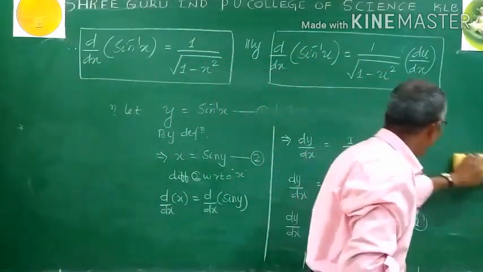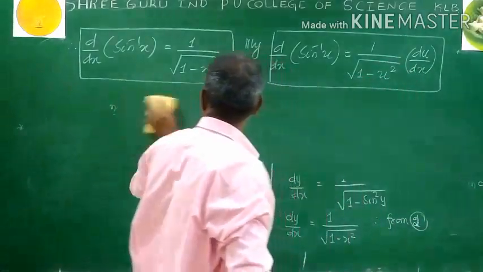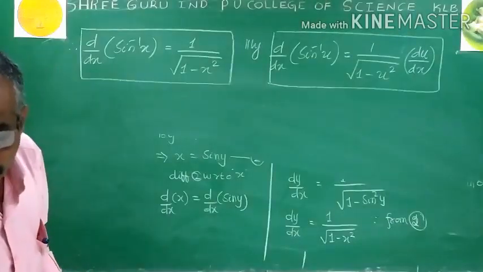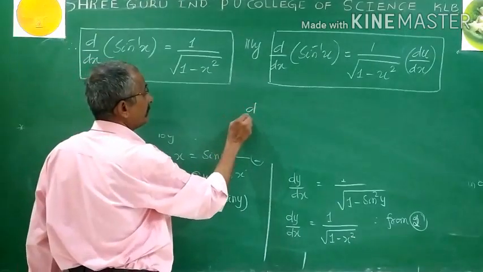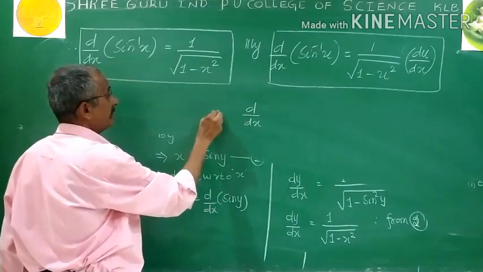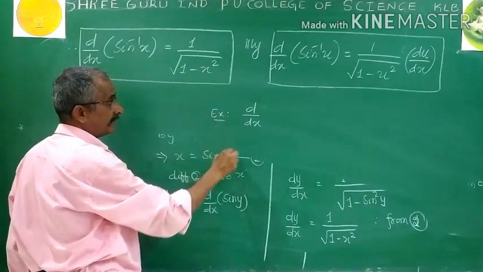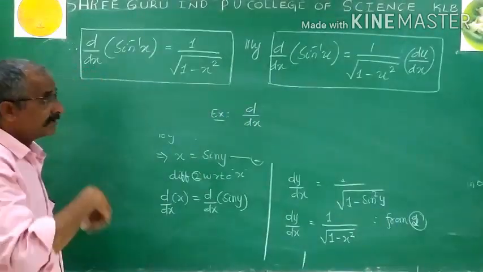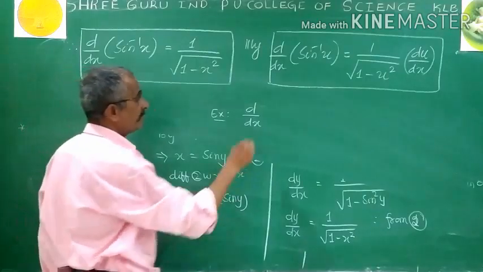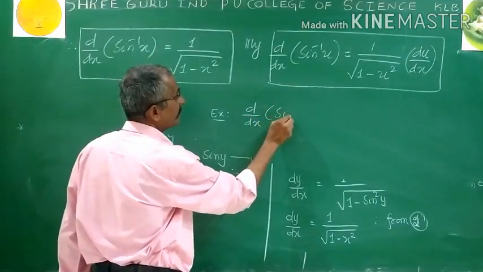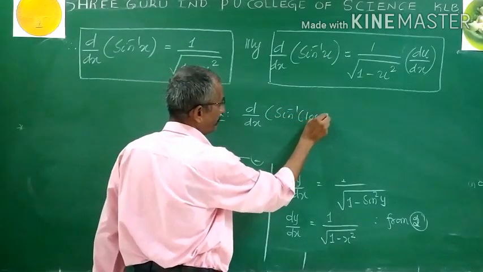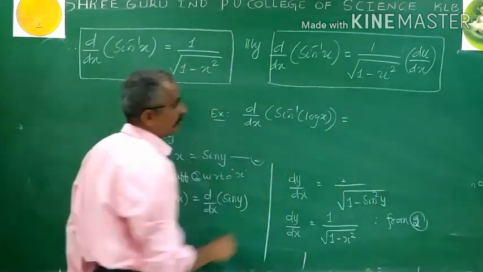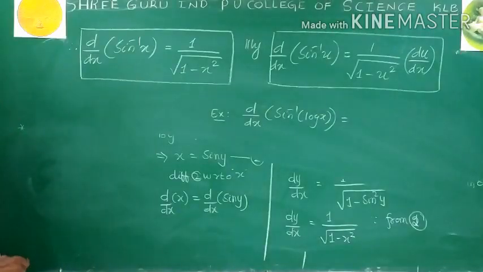You write, for example, say you want to calculate differentiation of what I am writing. It is a concerned example for this formula. Later on we have many more problems. For example, you want to calculate differentiation of sin inverse of log x. It is equal to now. You should be very careful about which formula is applicable here.